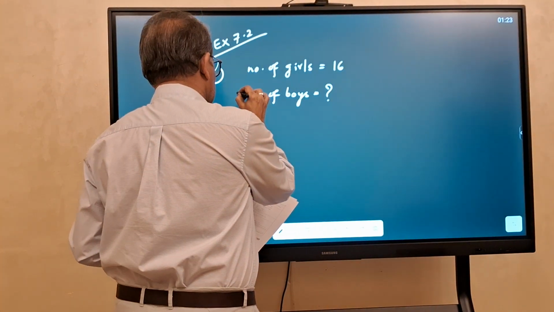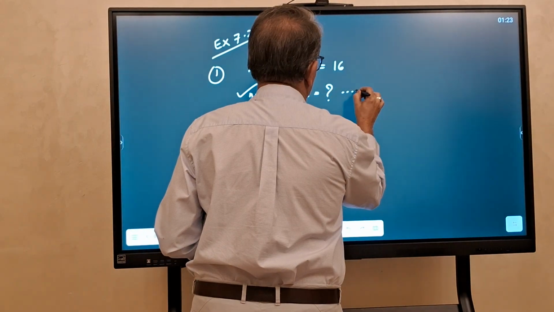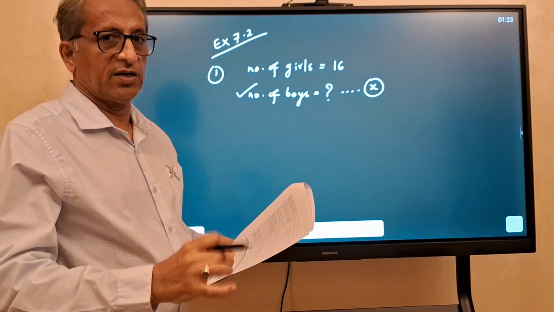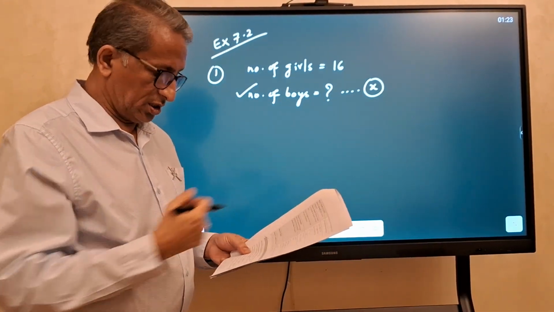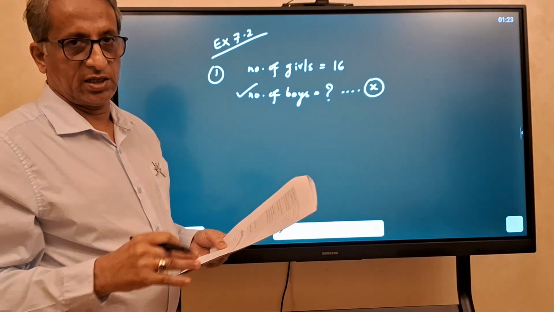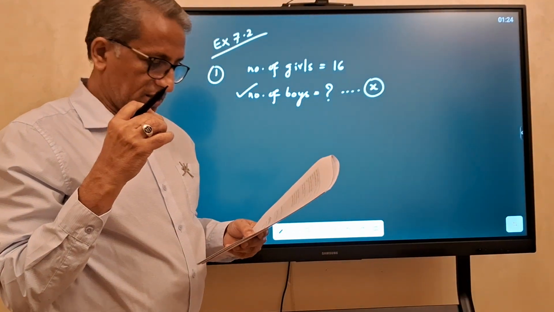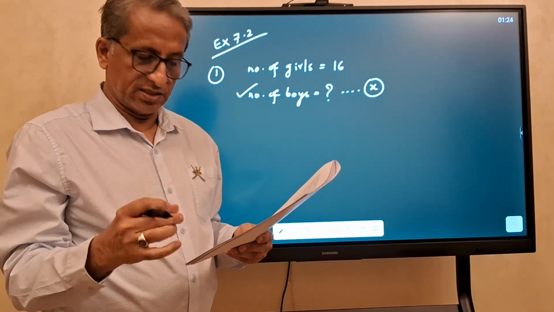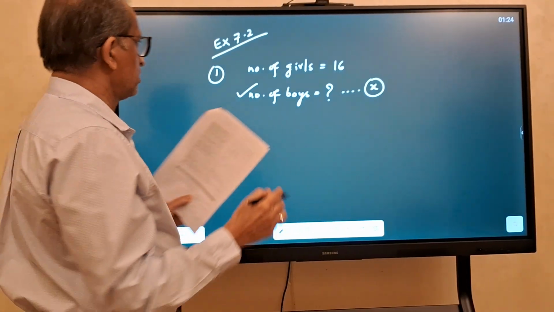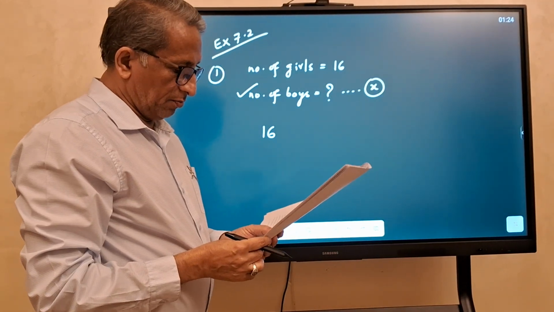So we have to start from the question. You are asked to find the number of boys, so assume that x is the number of boys. That is the very important thing. Whatever the question asks, assume that and start with that. If x is the number of boys, let us convert the sentence into an equation. The number of girls is 16.